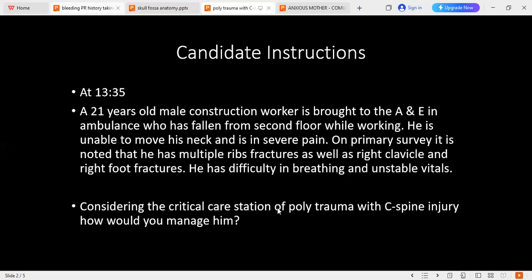This one is not settled, so which kind of fluid are you going to give? I would give Hartmann solution, crystalloid. I will give 1.5 liter first and see the response in the blood pressure, urine output, pulse, and mental status. And if it is still not settling, then I would transfuse blood. All right. Very good.